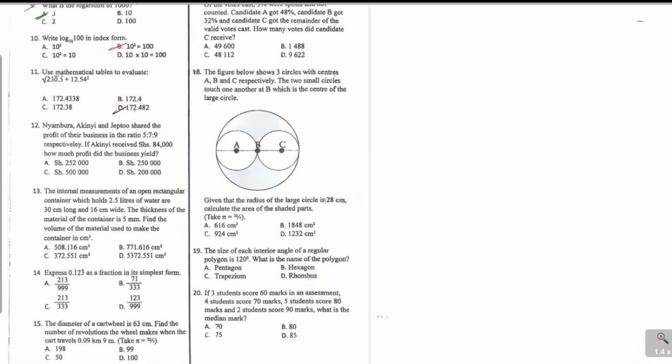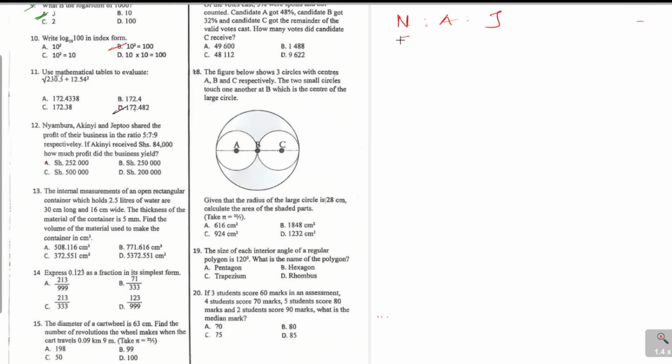Question 12. Nyambura, KCDE, and PRDE shared the profit of their business in the ratio 5:7:9, respectively. If KCDE received 84,000 Kenya shillings, how much profit did the business yield? So you have the ratio of Nyambura, KCDE, and PRDE. So Nyambura, I'll denote that by N, KCDE, and PRDE.